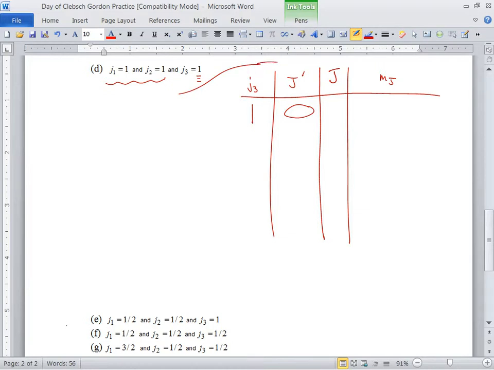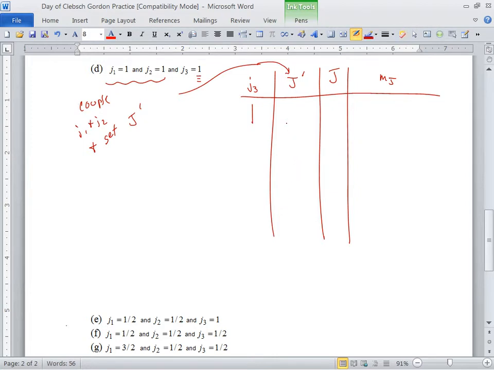I'm going to couple little J1 and little J2 and get not our final answer, but J prime. Then we'll put all those numbers in the table and couple each J prime with J3 and get our answers. And from each answer, we get the M sub J's. Whether you see the big picture or not, it's easier if we just do it.